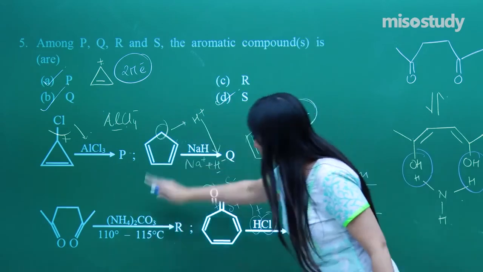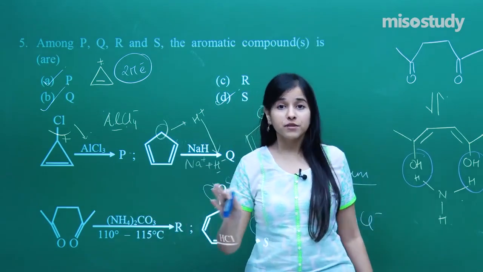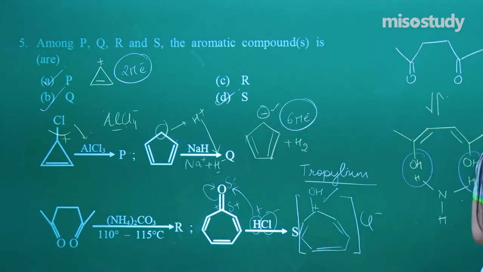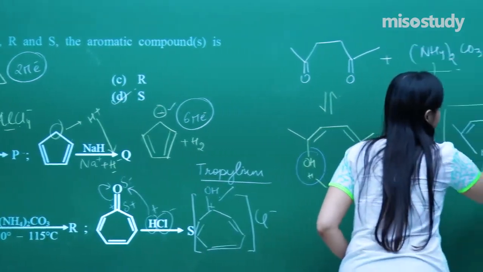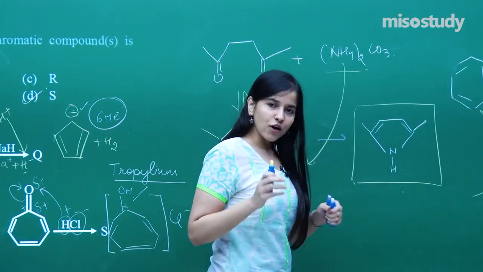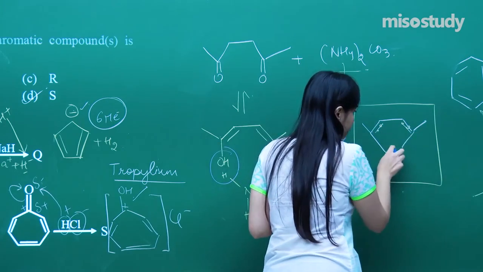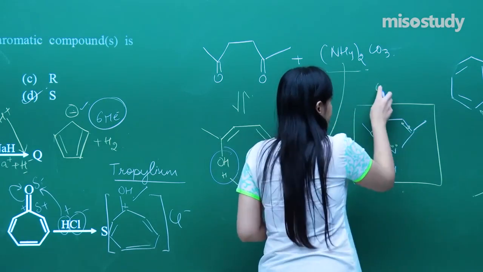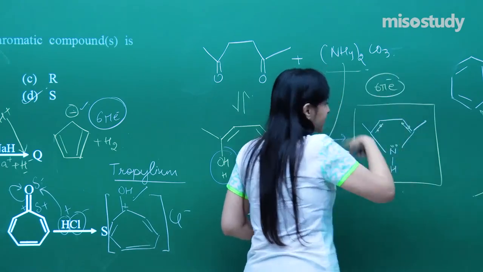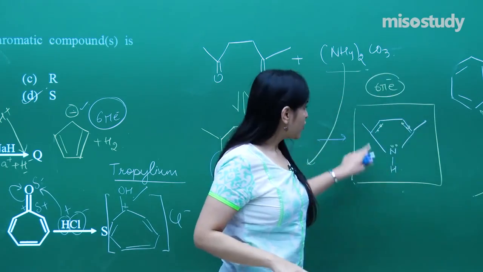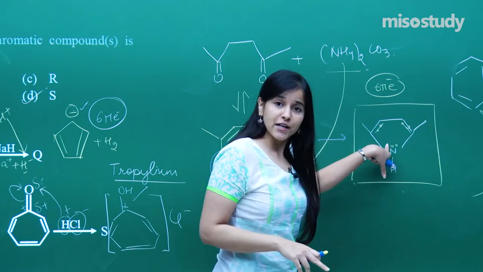Now let's check for the R. Where have we formed the R product? So the R is here. Now let's check 1, 2, 3, 4 and nitrogen is having lone pairs. 6 pi electrons, cyclic, planar, conjugated with this lone pair.